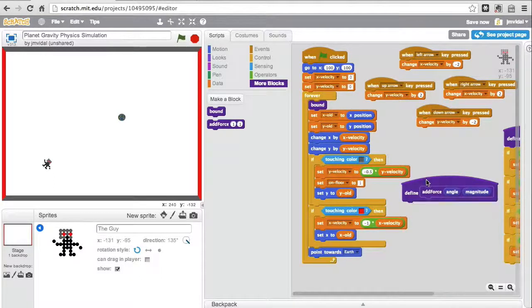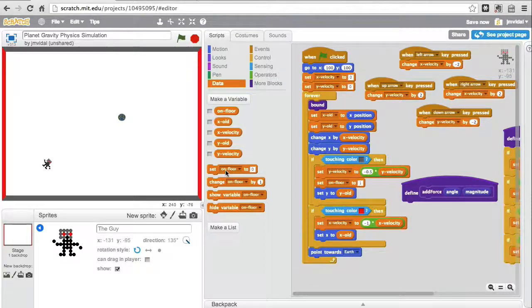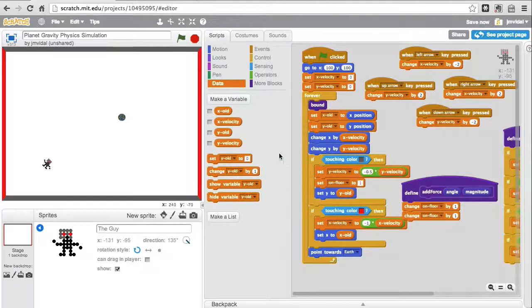And like I said, all I need to do now is change the x velocity and the y velocity. By the way, I don't need these on floor, that's from an old version.